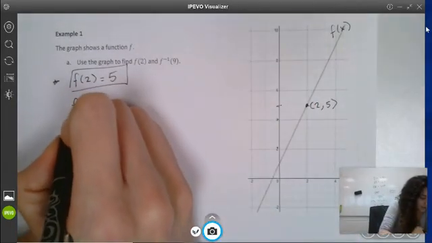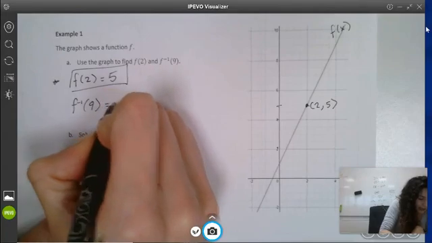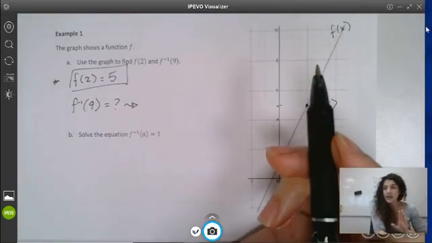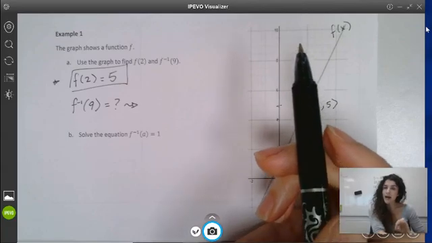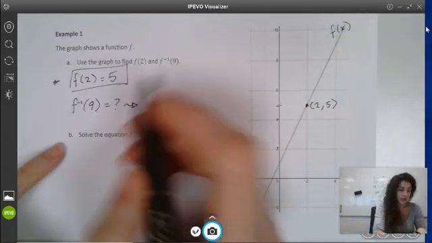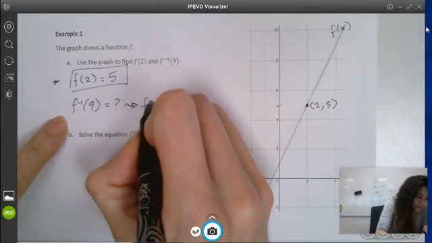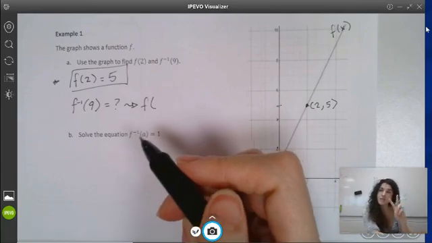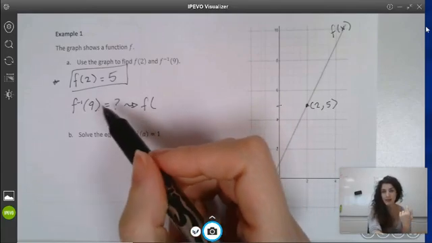f to the negative 1 of 9 equals question mark. For problems like these, I recommend flipping them and saying, okay, well then if it's f to the negative 1, then I can do f of, so talking about the original instead of the inverse, and then just flip my inputs and outputs.